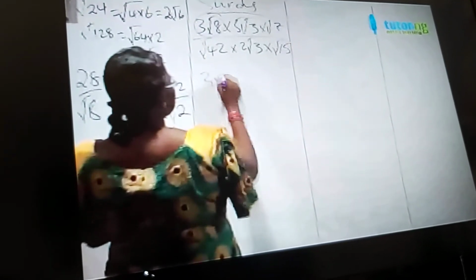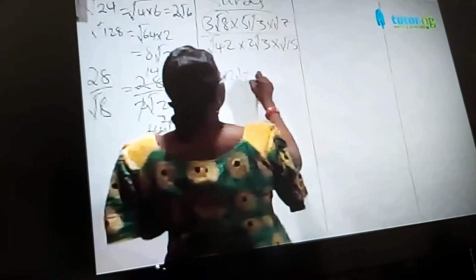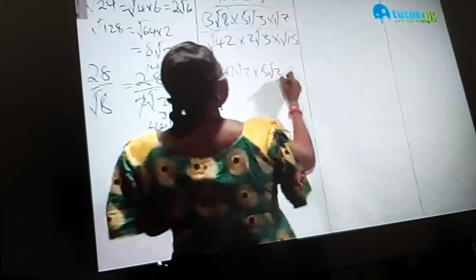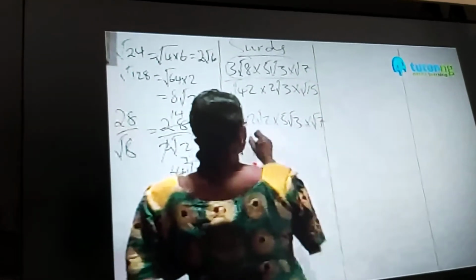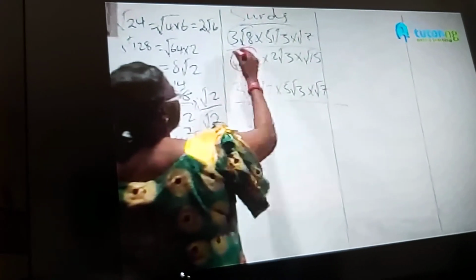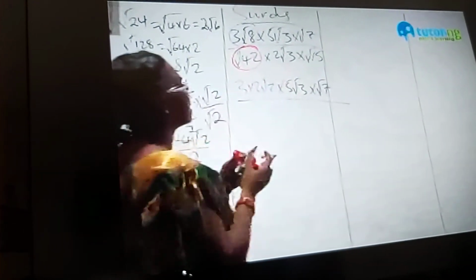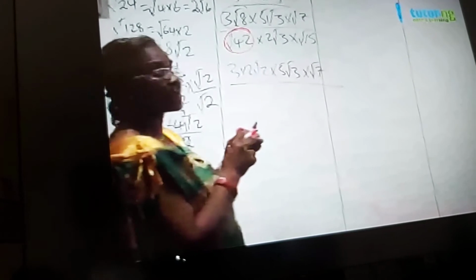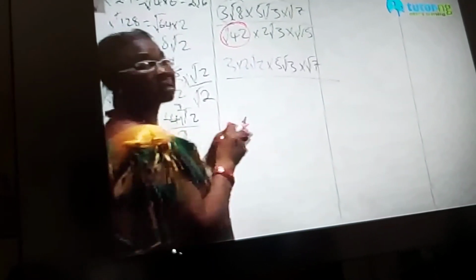So this becomes 3 times 2 root 2, and times 5 root 3 times root 7, all over. Then root 42 becomes: 42 is 2 times 3 times what? 7.